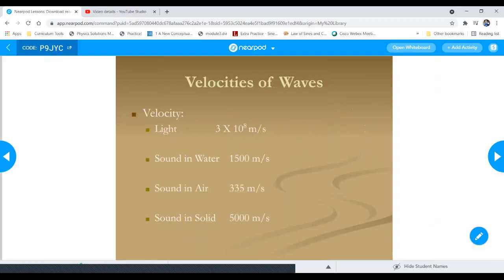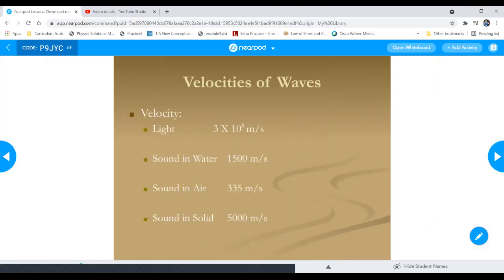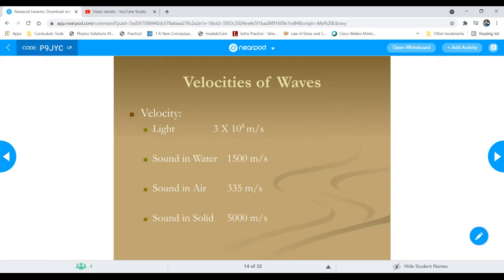So good thinking. I've just put together some of the velocities of waves. If you look at how fast sound travels in a solid, it's about 5,000 meters per second. Of course, that depends on which solid we're talking about, but on average, it travels 5,000 meters per second.